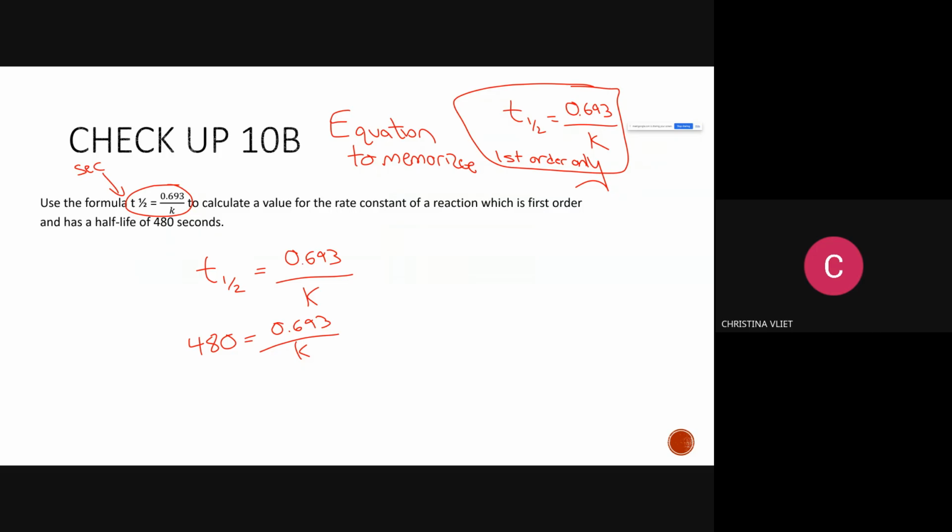How do I solve for K? Switch them over. K equals 0.693 divided by 480. So K equals?